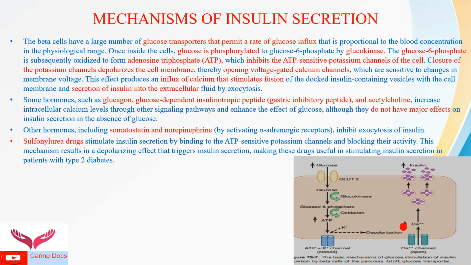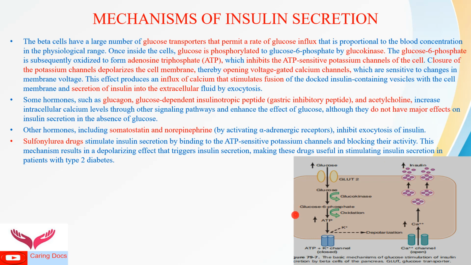This effect produces an influx of calcium, and this influx of calcium stimulates the fusion of the docked insulin containing vesicles with the cell membrane, which leads to secretion of the insulin into the extracellular fluid by exocytosis.